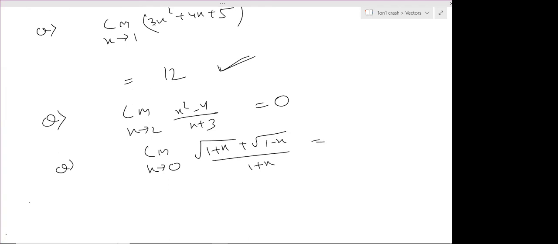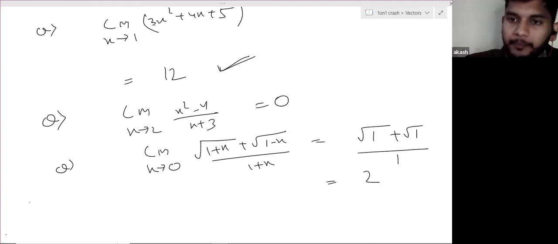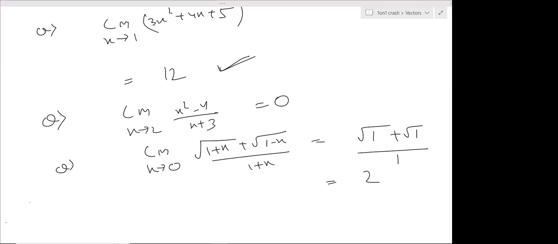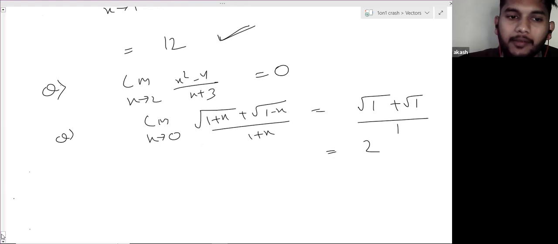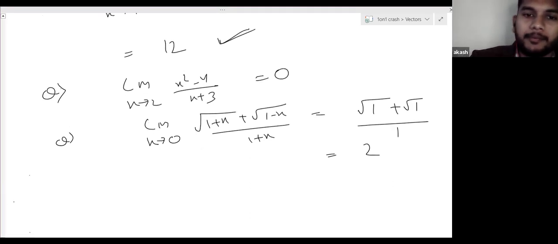No, this will be 1. Are you sure? Yes. Under root 1 plus under root 1 upon 1. So the answer is 2, right? Right, so don't rush your answers. Silly errors will take a lot of marks.